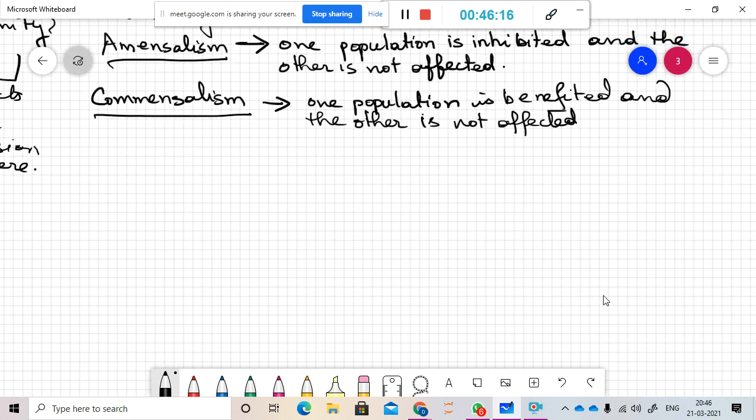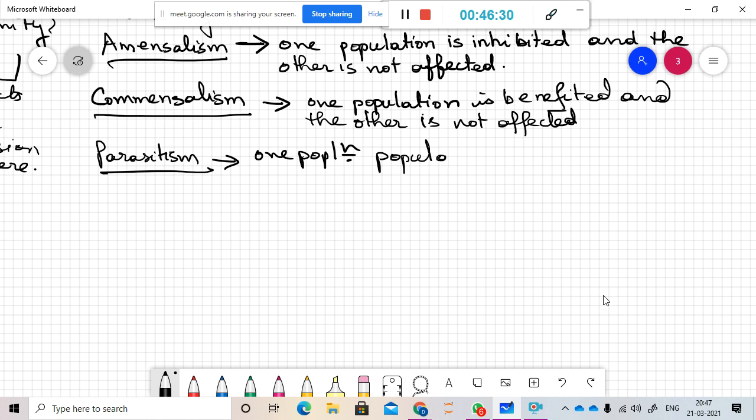After commensalism, we go to parasitism. One population is benefited and one suffers.